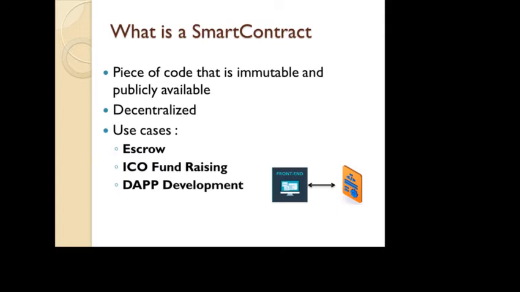Some of the use cases where smart contracts are currently being used are escrow, ICO fundraising, and DApp development. Escrow talks about the agreement between the seller and the buyer, right? When you're buying a house, you might have heard this term escrow.